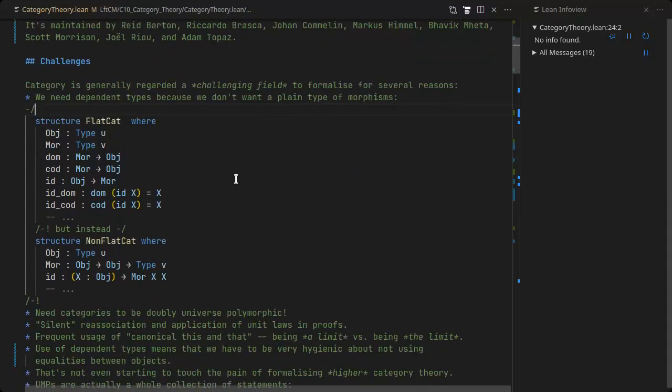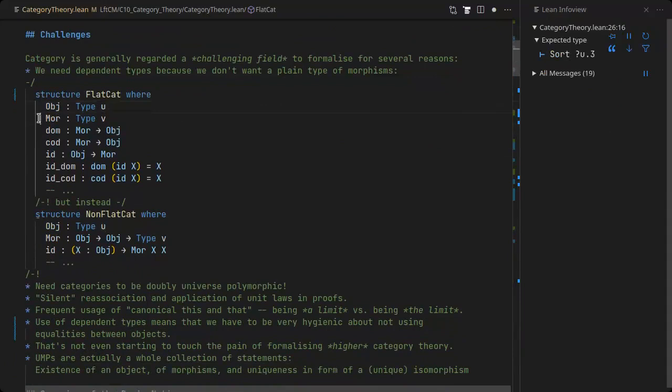So assume that we wanted to define the notion of a category and didn't have dependent types. Then the only way to do that would be a structure where we have a type of objects, but then just a type of morphisms, first an unstructured pool of morphisms.